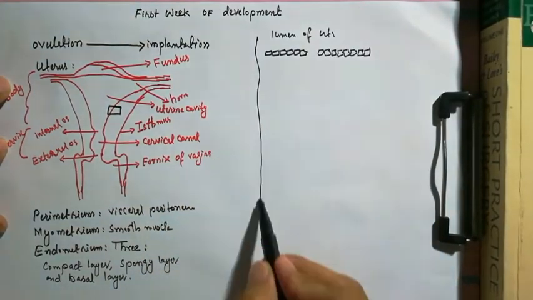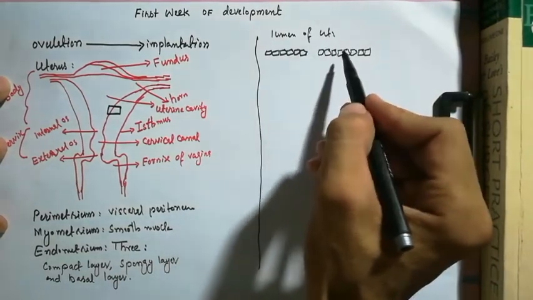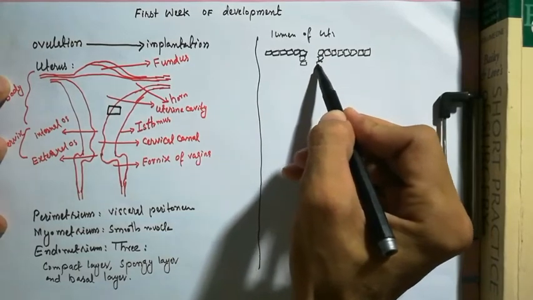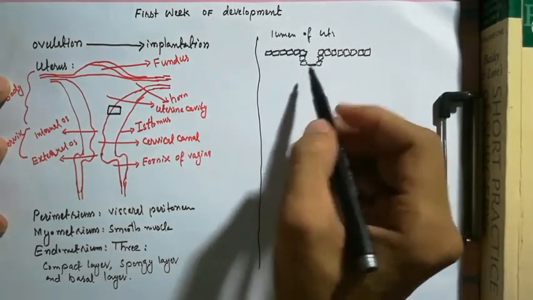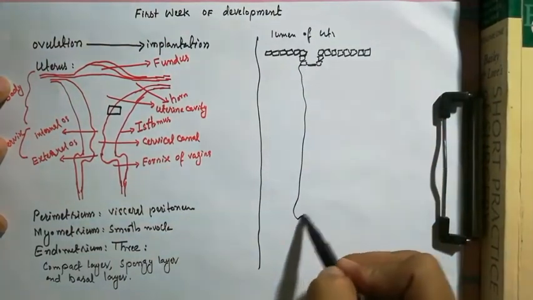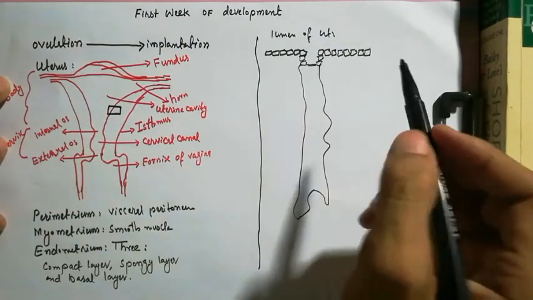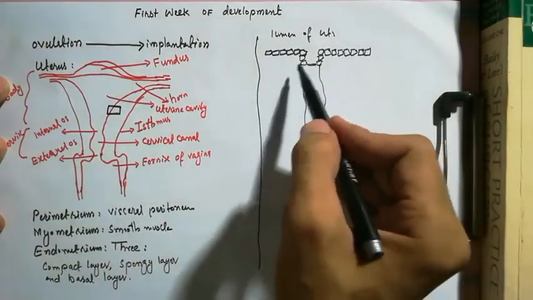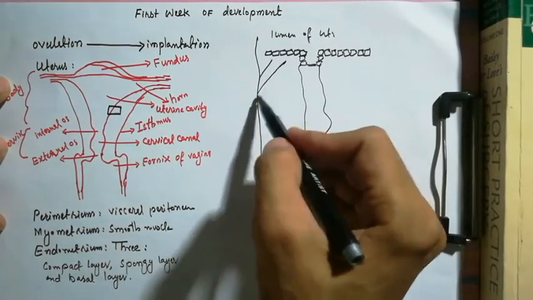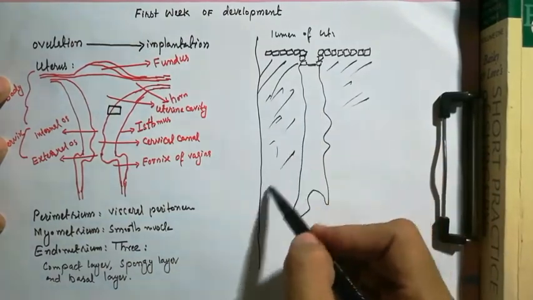This is epithelium, and here is an endometrial gland, and there is connective tissue.